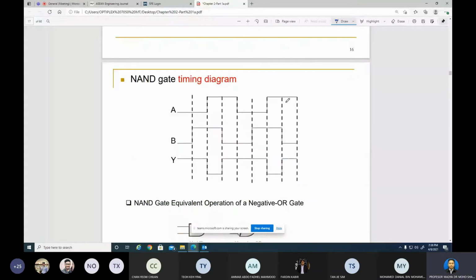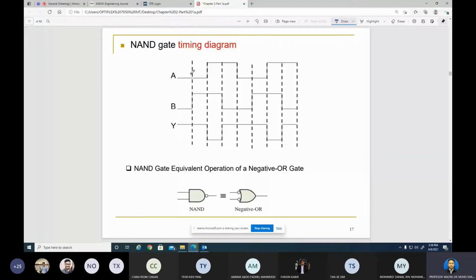Then from this truth table you can get the timing diagram for the NAND gate. So you can see the NAND gate equivalent operation, the negative OR gate. So you can also use the negative OR gate. That means inverter first, then go to the OR gate.